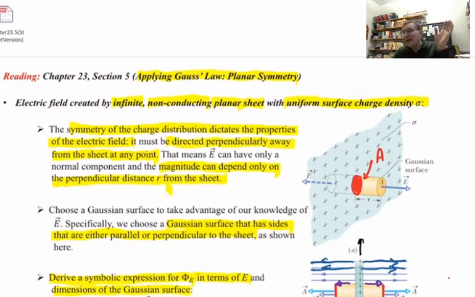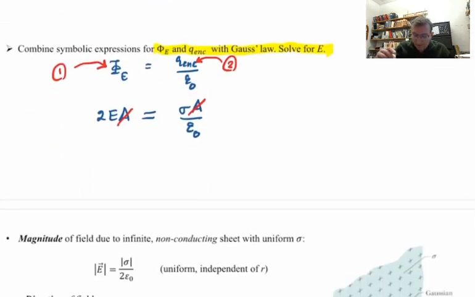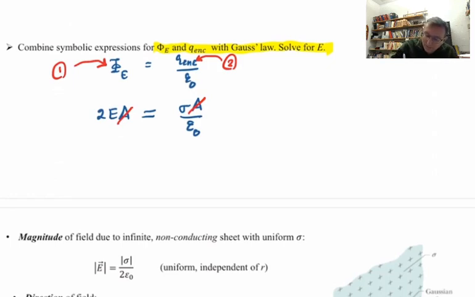So that A had to cancel in solving for the electric field E of the sheet, because the electric field E of the sheet cannot depend on some choice that we might make about the shape of a Gaussian surface. So the fortunate thing is that that A canceled out, and so when we solve for E magnitude for this sheet, this is just the magnitude of the field, we get the charge per unit area of it over 2 epsilon 0.